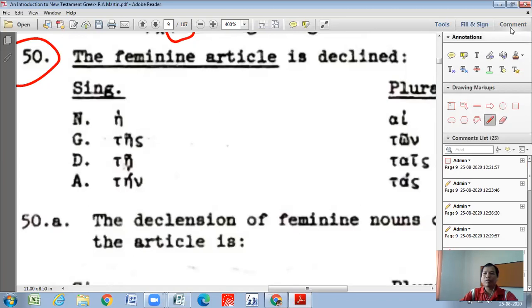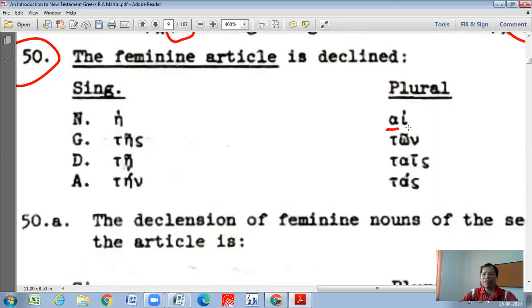The plural: hai, ton, tais, tas. Let me repeat. He, tes, te, ten.